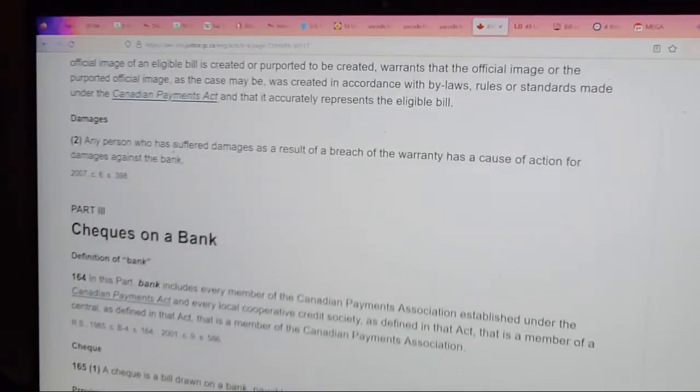Damages. Any person who has suffered damages as a result of a breach of the warranty has a cause of action for damages against the bank.